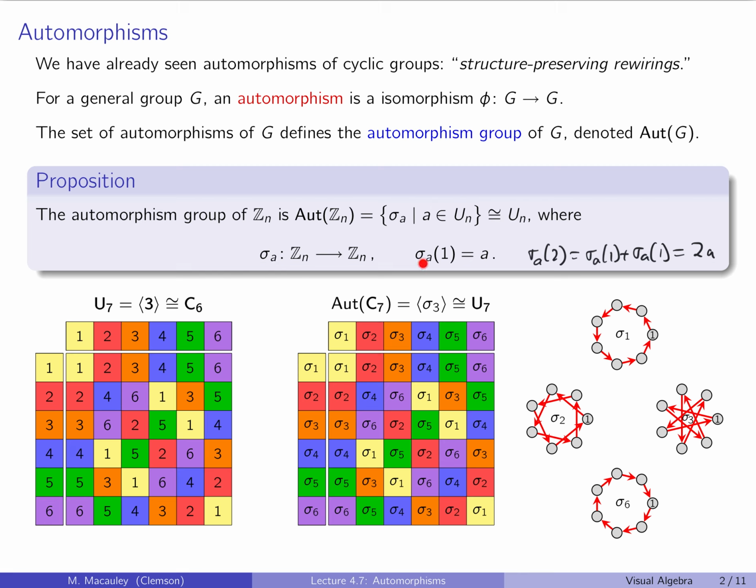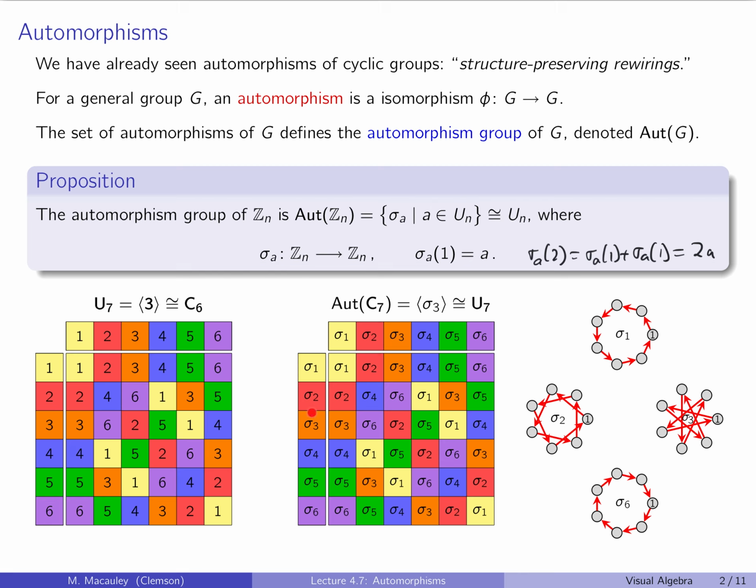So sigma 2 is the doubling map, where everything gets doubled, sigma 3 is the tripling map, and so forth. So here's the Cayley table of Aut(C7), or Z7, really either one, and notice how sigma 3 times sigma 5 is sigma 1, which is the identity.